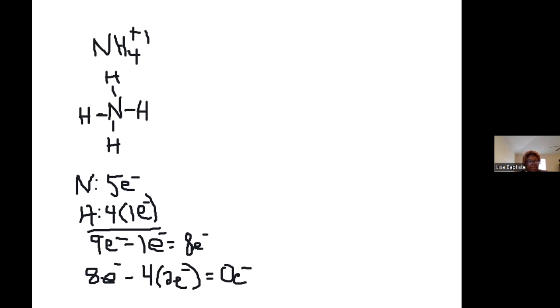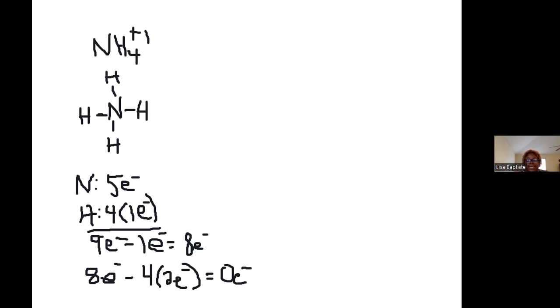Let me go back a little bit for the octet rule. The reason for the octet rule is that the elements in group 8A, the noble gases, have 8 valence electrons, and they are the most stable elements in the periodic table. The other elements want to obey the octet rule because they want to become stable. So the purpose of this is for stability.